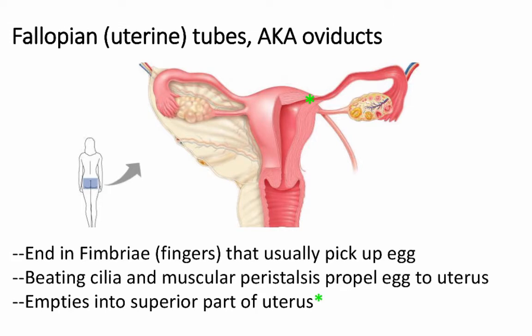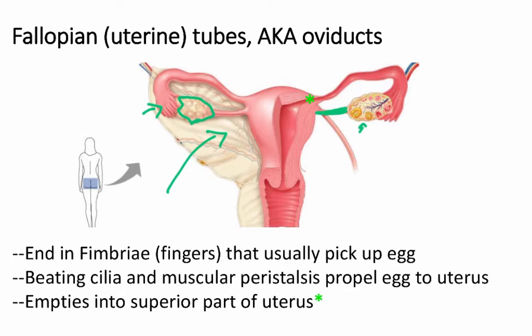So in this image, you can see a little bit more clearly the fimbriae of the oviducts. And here we see an ovary, what it looks like from the outside. This one is a frontal section through it. We've got the uterine ligament here, and this is referred to as the broad ligament.